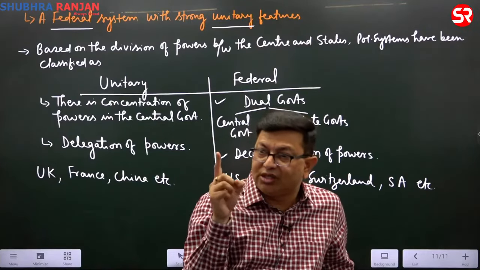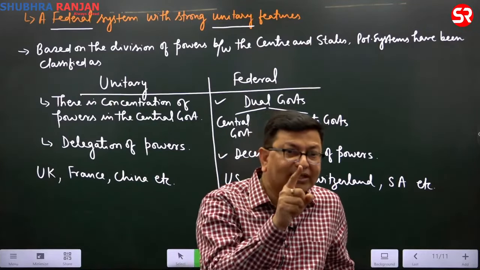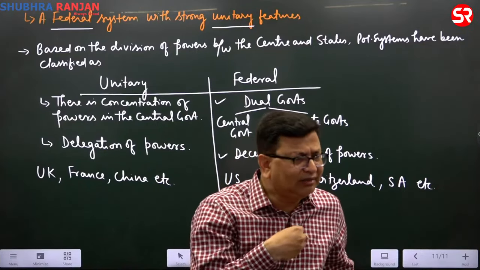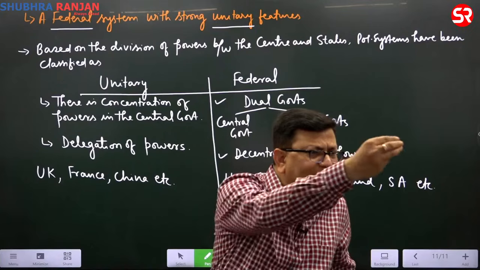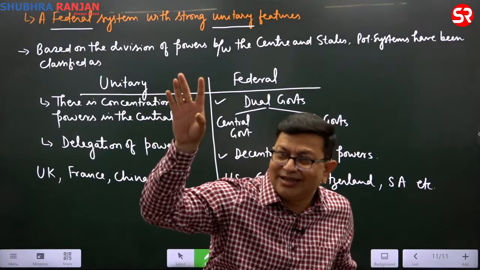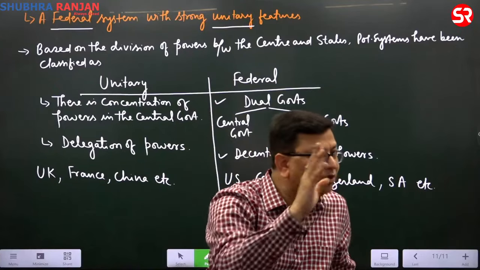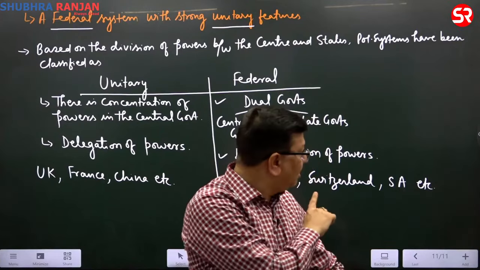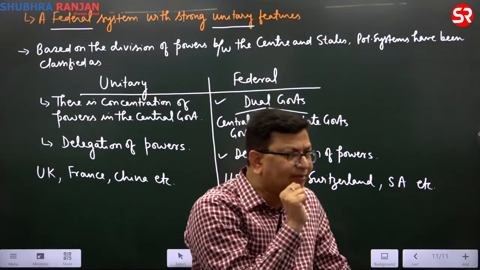So, constitutionally, all the powers will be concentrated in me, and if I wish, I can delegate some of the powers to you. That okay, these are my powers, but you use it in your state. You can collect taxes on these subjects. I can delegate the powers to you. This is, we can say, the first one, unitary system.